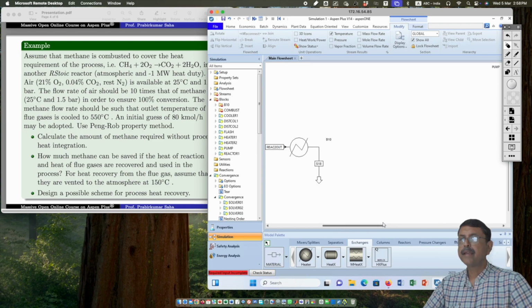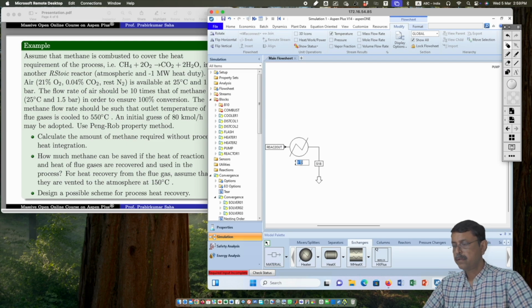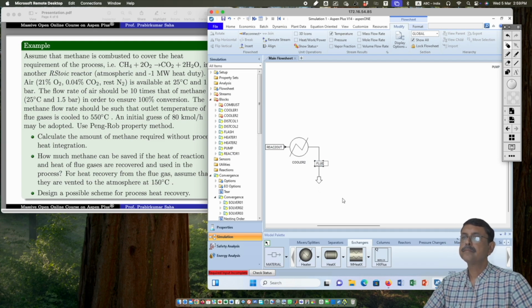And this is the second cooler that we have. So we have cooler 2. And this is the flue gas. Right? This is our flue gas.